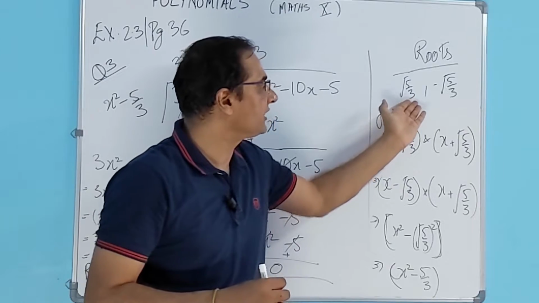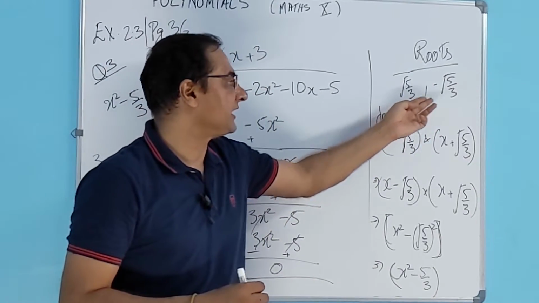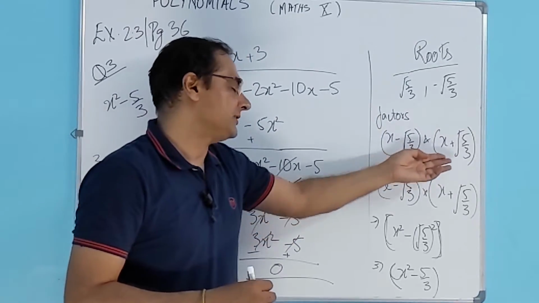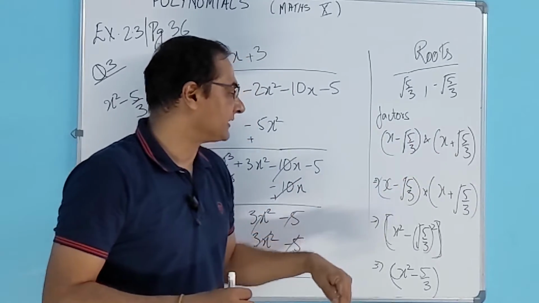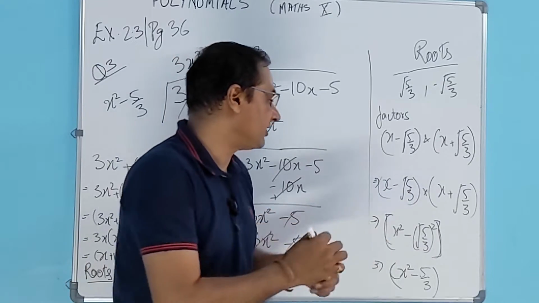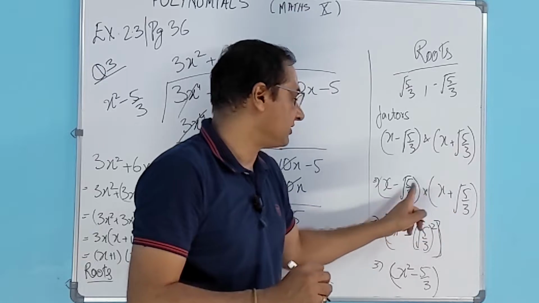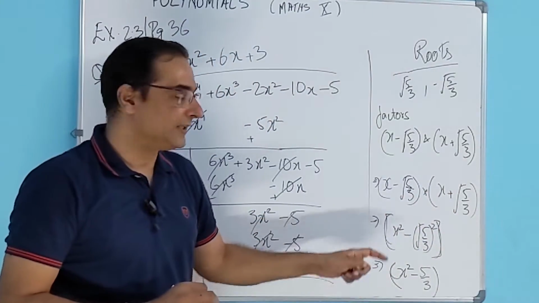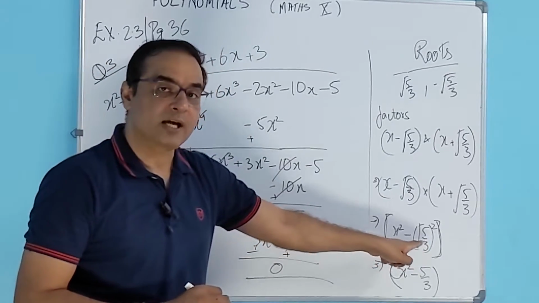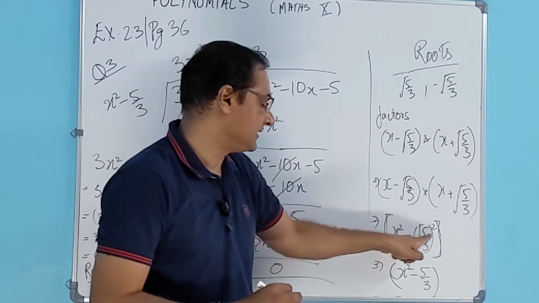First we are given these two zeros. Based on these zeros, we already know that if these zeros are a and b, the factors are x minus a and x minus b. So these are the two factors. If we multiply them, x minus root 5 by 3 and x plus root 5 by 3, then given the identity x minus b multiplied by x plus b, we know it gives x square minus b square.